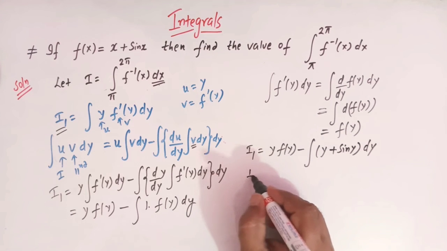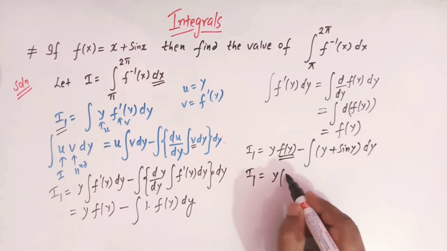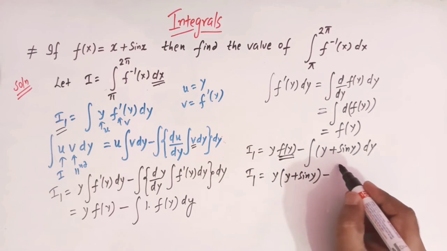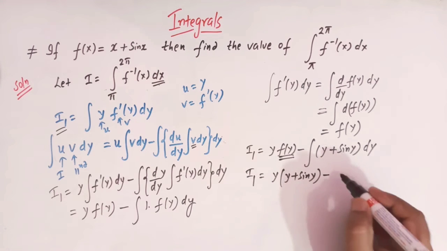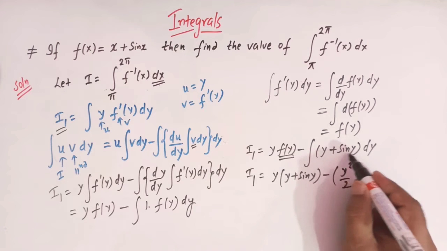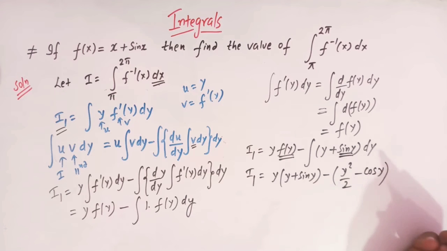Okay, so now I1 is y times f of y, that is y plus sine of y, minus, and here the integral of y is y square over 2, and integral of sine y is minus cos of y, right?